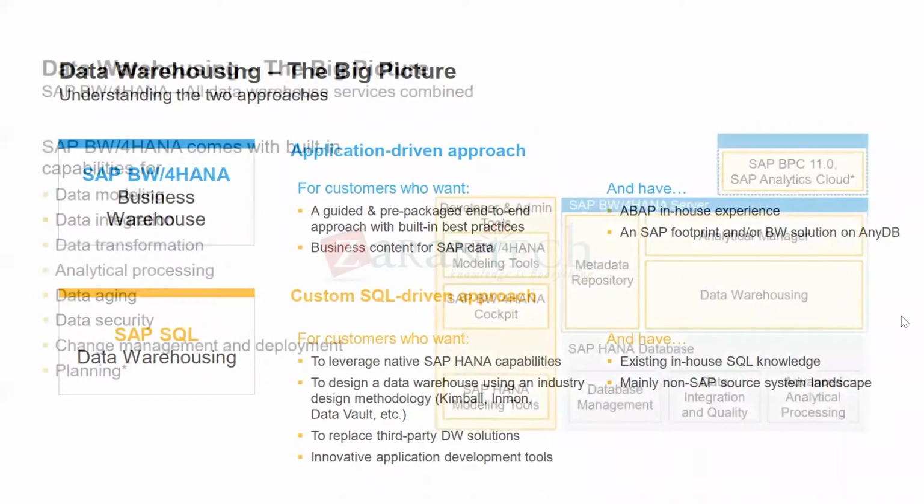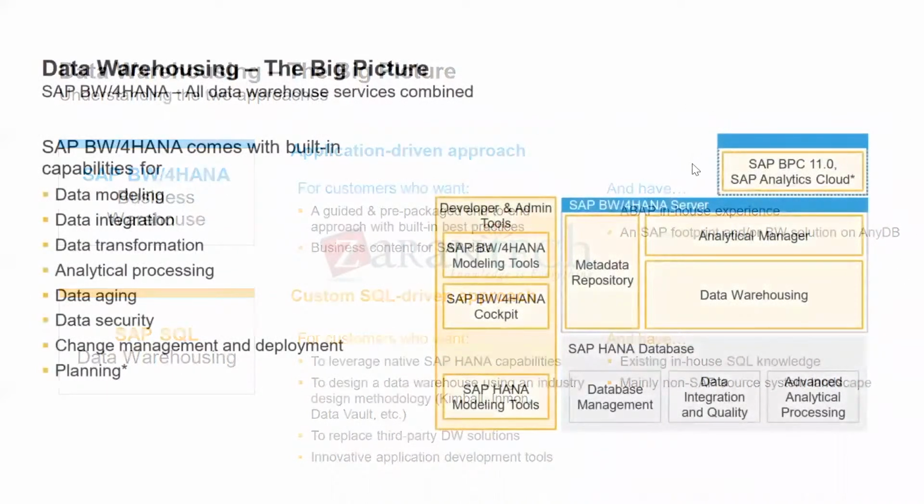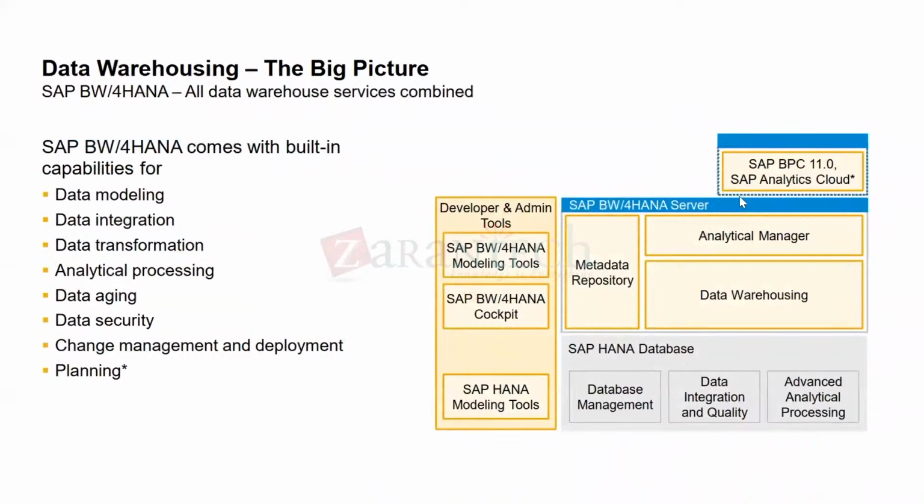The bigger picture, this is how the BW tool would look like. The top part is the external objects, hence it is the dotted line. But the rest of this is the actual core BW for HANA system. All these activities we can do in BW for HANA. It comes with so many capabilities.